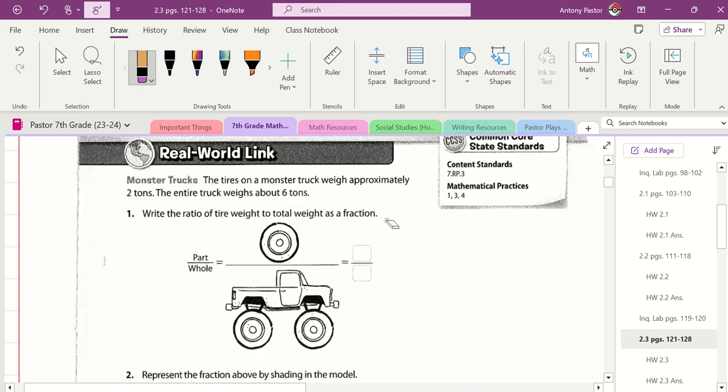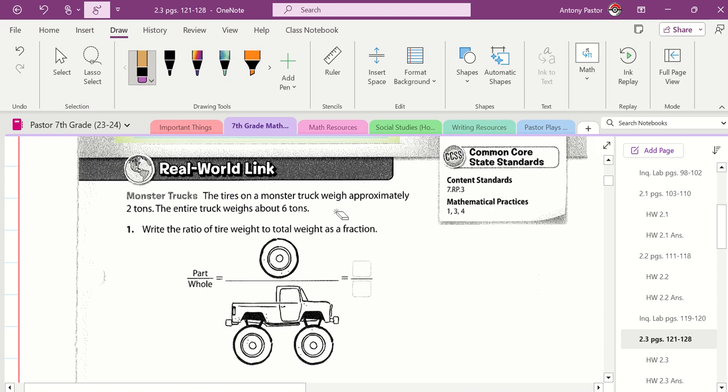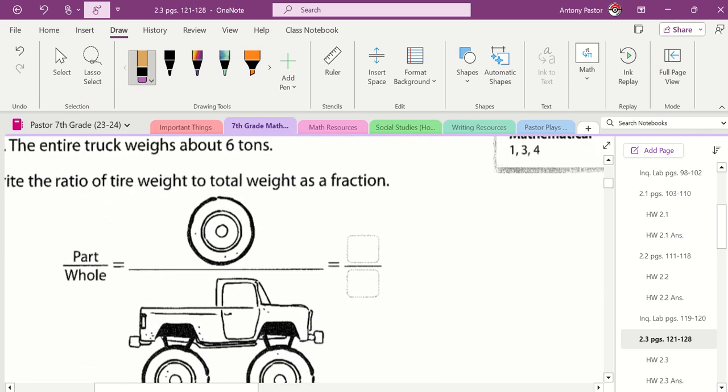So here is an example. The tires of a monster truck weigh approximately 2 tons. The entire truck weighs about 6 tons. Write the ratio of the tire weight to the total weight as a fraction. So the tires weigh 2 tons. The whole truck weighs 6 tons. So 2/6.